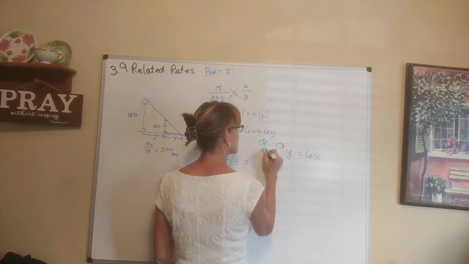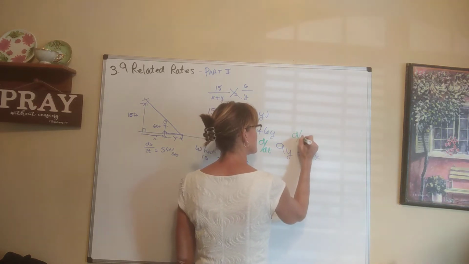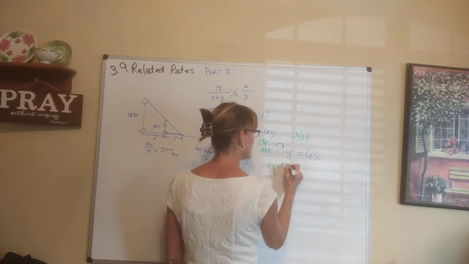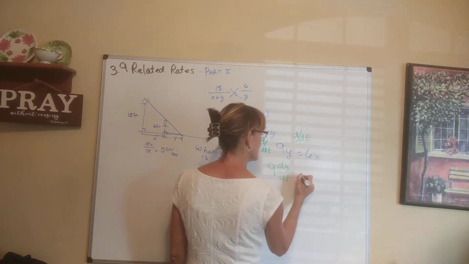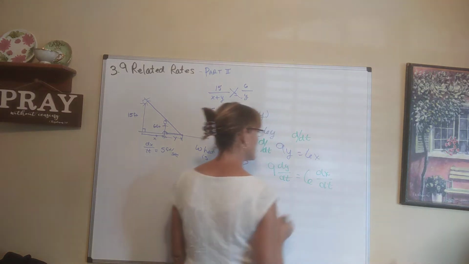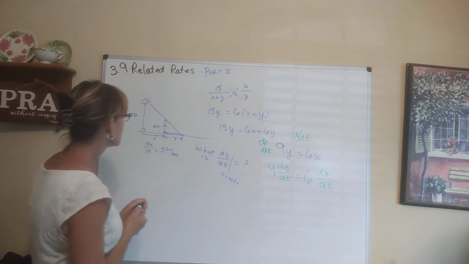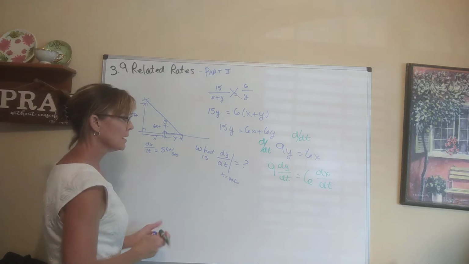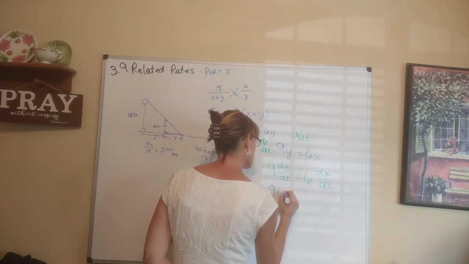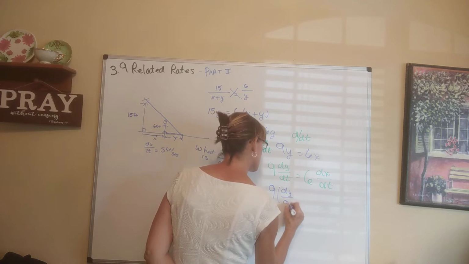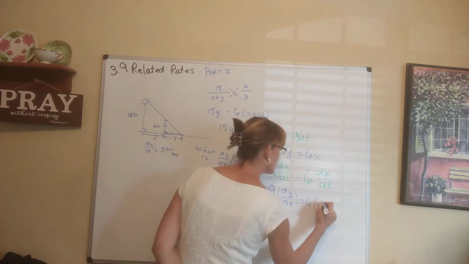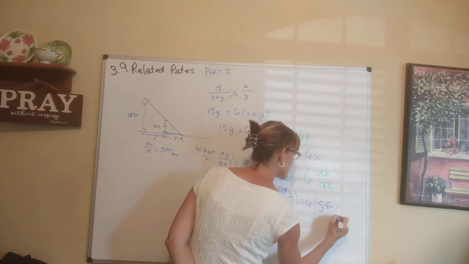Now we're ready. Let's take the derivative with respect to time. What we get here is 9 dy/dt is equal to 6 times dx/dt. All right, what did they tell us? They told us dx/dt is 5. So we're ready. We're going to say 9 times dy/dt is equal to 6 times 5 feet per second.